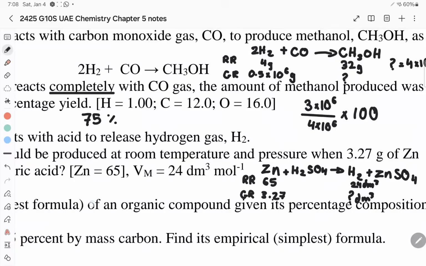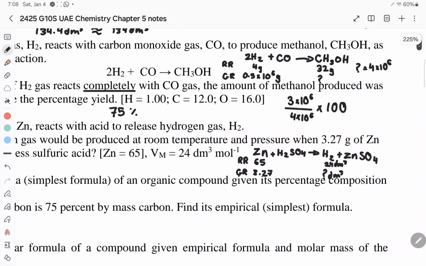They want to know how many decimeters cubed. So again, just cross multiply: 3.27 times 24 divided by 65. Let me calculate it quickly on my calculator. We're gonna round it to 3 significant figures, so you're gonna get 1.21 decimeters cubed.